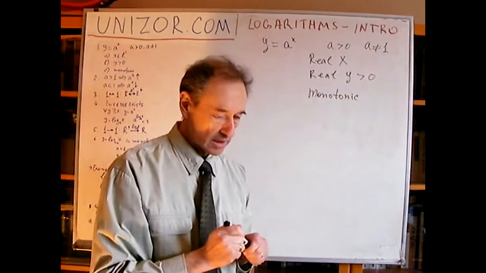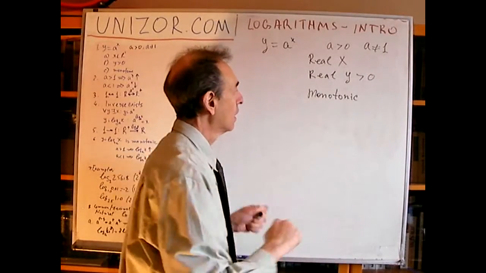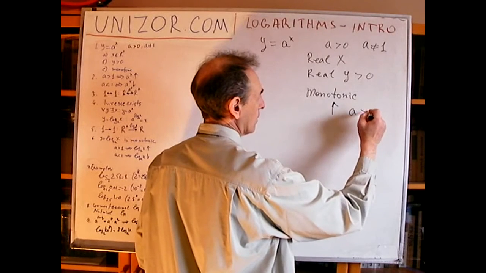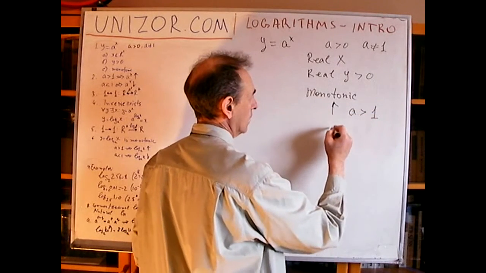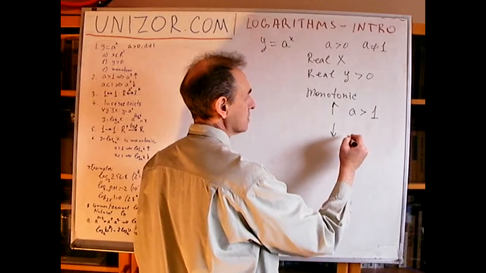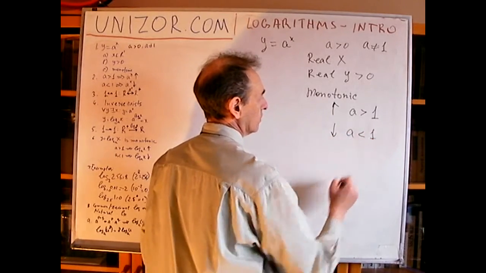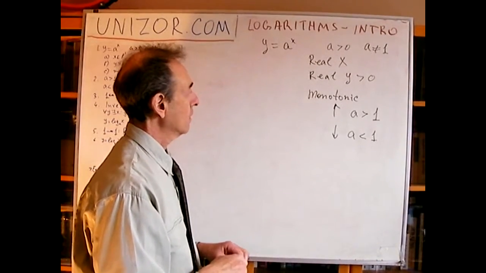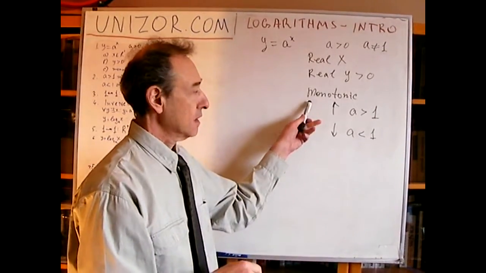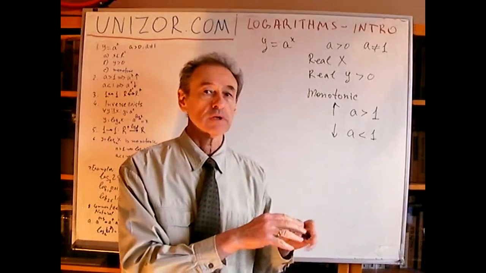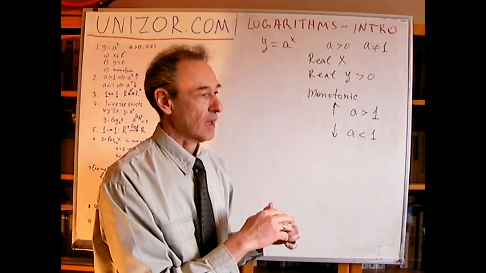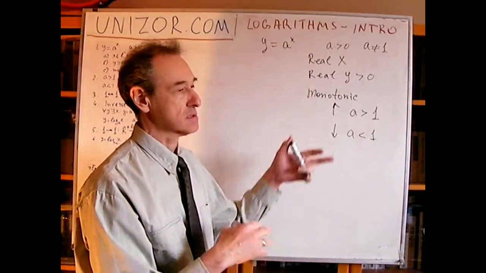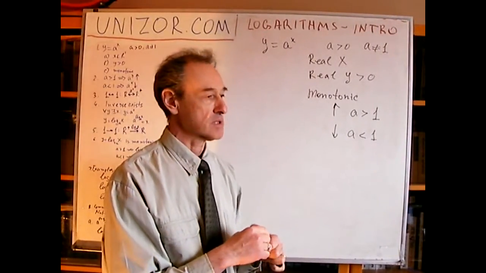It's monotonically increasing with a greater than 1, and it's monotonically decreasing for values of a less than 1 and greater than 0, of course. If you refer back to the lecture about monotonic functions, I was actually talking about monotonically increasing functions, but it doesn't really matter. It's equally applicable to monotonically decreasing as well.